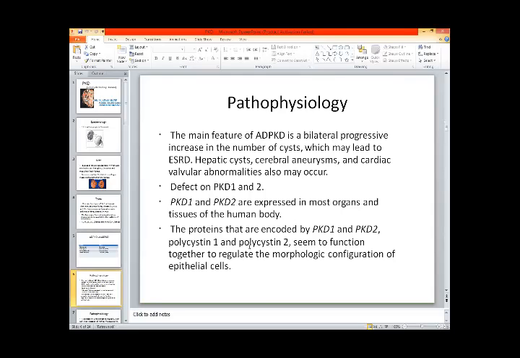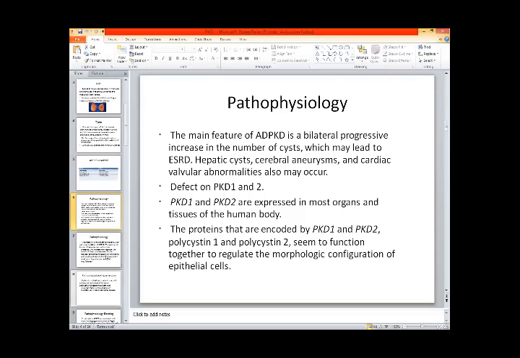So in short, PKD1 and PKD2 are the two basic genes which are defective in multiple organs of the body, which leads to formation of multiple cysts in the kidneys, liver, spleen, brain, and heart. I think I summarized it in a good way.